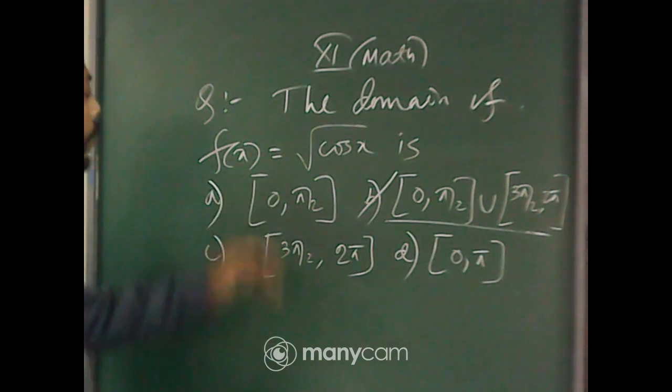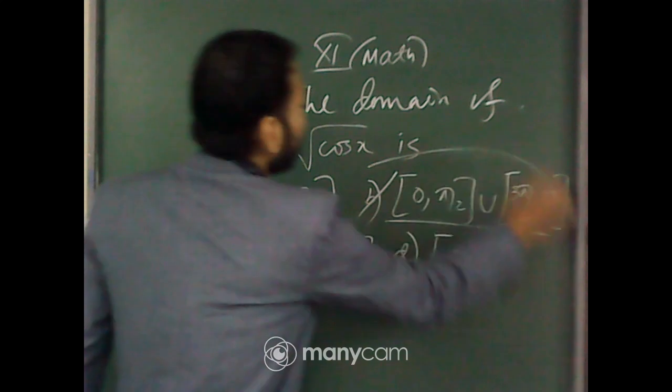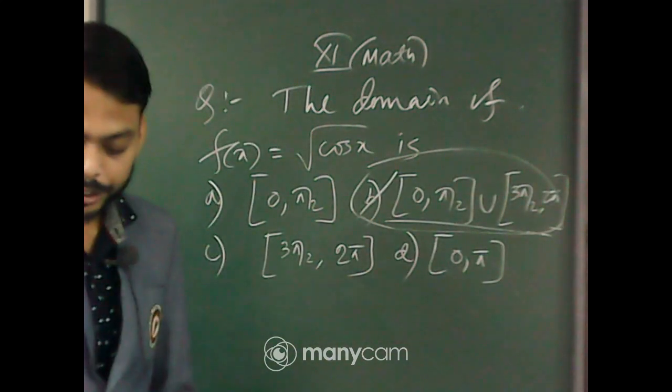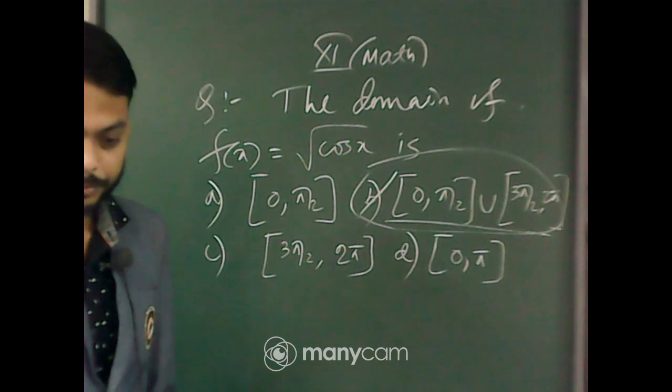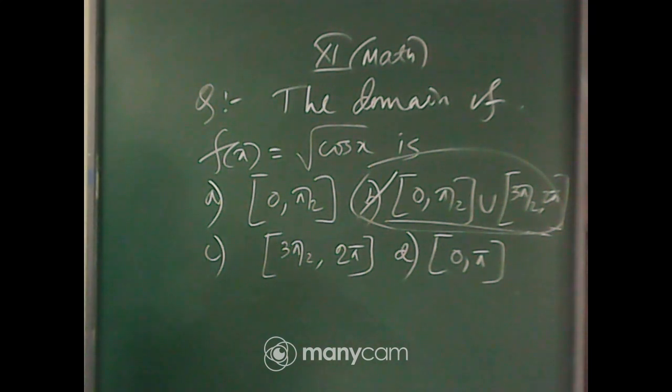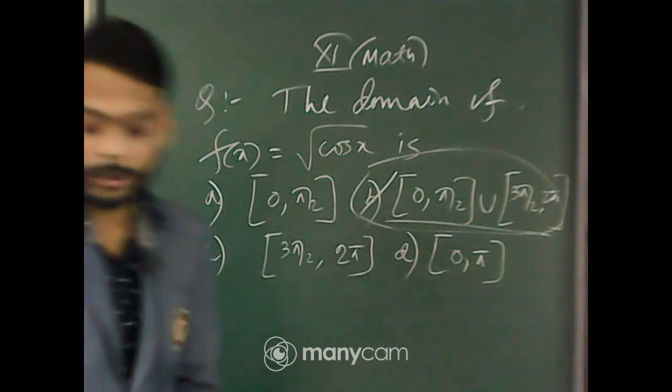So option B is the actual answer, that is the union of the first quadrant and the fourth quadrant. Have you got it?